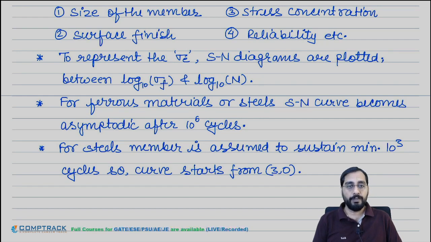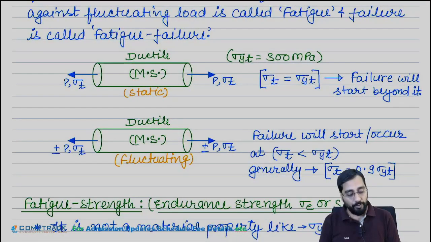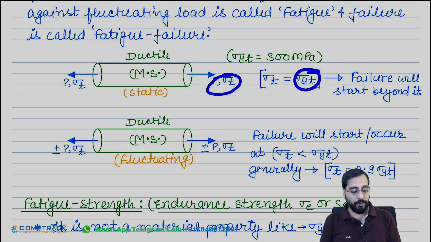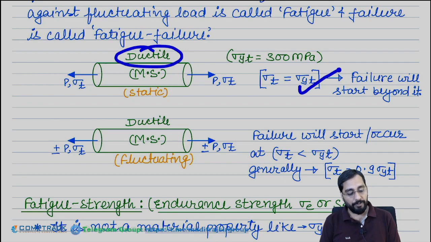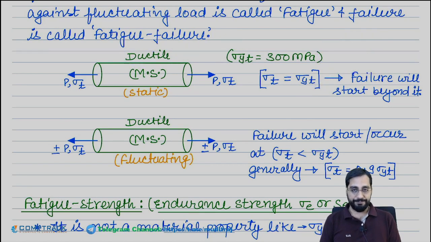Okay, so now let's continue. We discussed that when loading is static, the stress value can go up to the equal of strength value. If it is ductile, it will go up to sigma yt. If it is brittle, we compare with the sigma ut. Let's say sigma ut is 400.